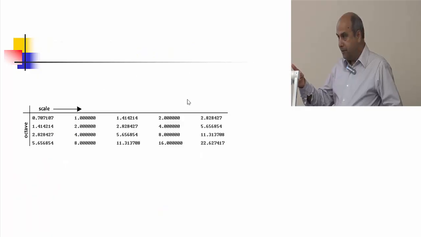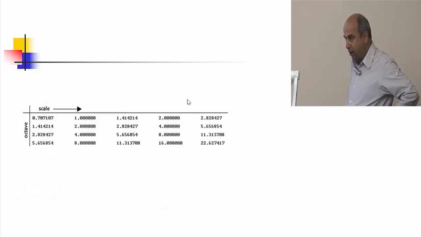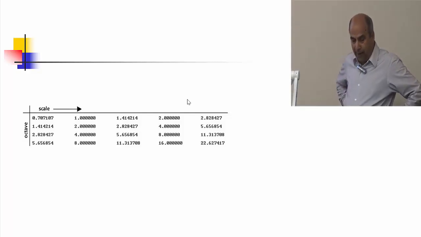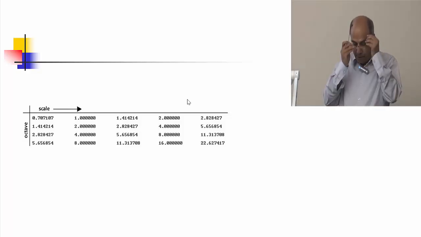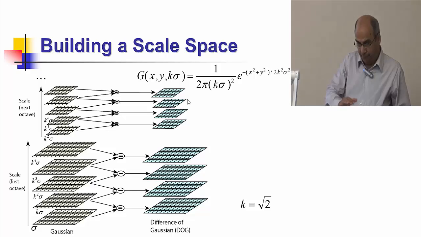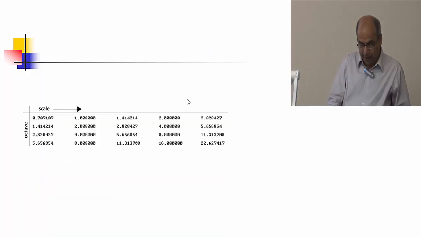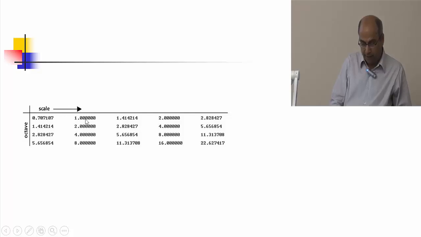So then the question, which she was asking, is: where do we start? What should be the initial value? Each level is called an octave, it's related to music. Within a particular octave, we move by multiplying by under root 2 sigma. So starting here, we get this, multiply by under root 2, we get this, and keep going like that.